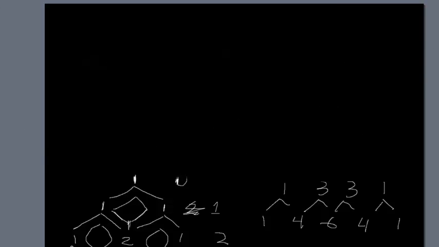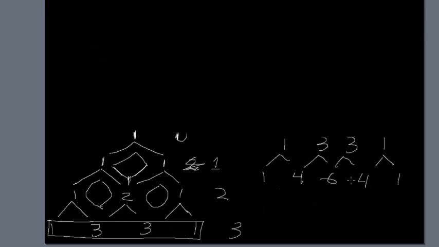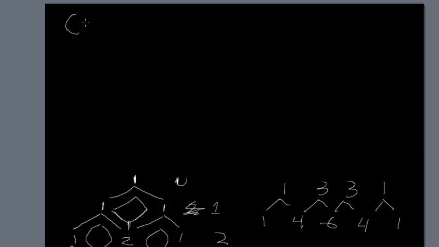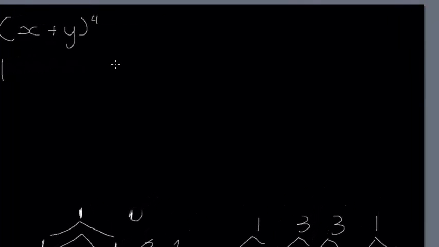Now using what we know, right? 1, 4, 6, 4, 1, right? So that's x plus y to the power of 4. Using these numbers, we can start to solve it. So 1, put a big space, 4, 6, 4, 1. Now since we have x, we can just put it to the power of n.